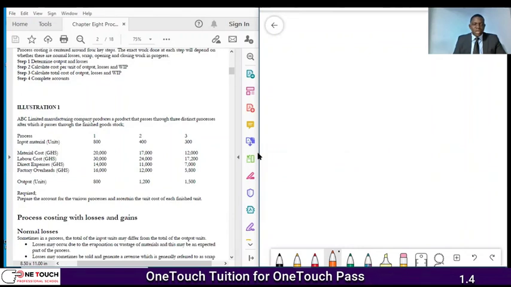So you have process 1 to 3. They have been given the input materials, that's the materials at the start of the process.